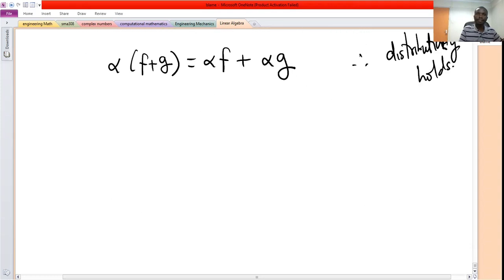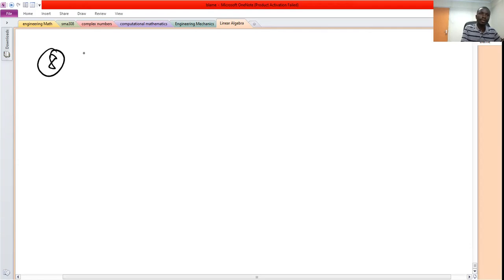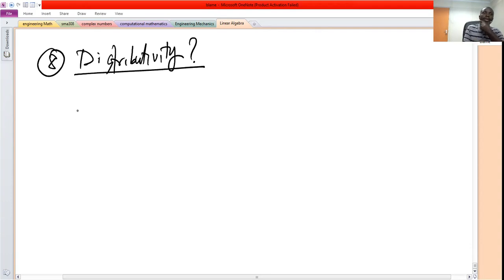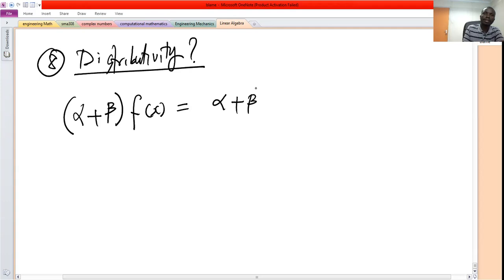Number 8, right distributivity. Now, if I pick alpha plus beta, which are in the field F, and multiply by a polynomial f(x), it's the same as saying (alpha plus beta) times the summation of a_i x^i.